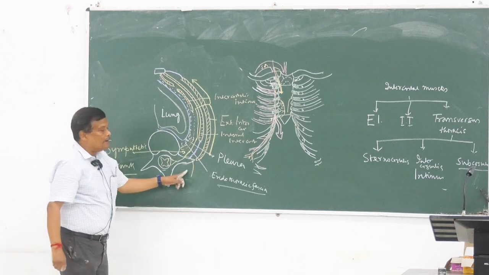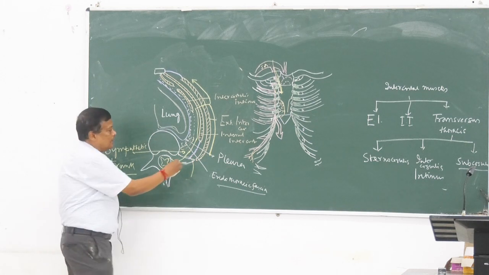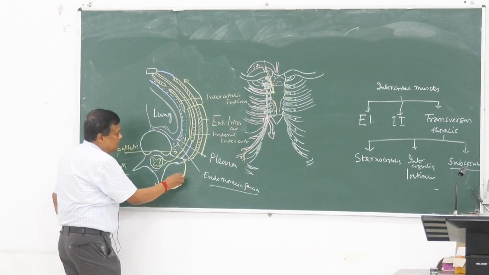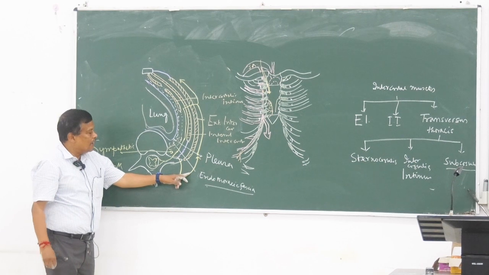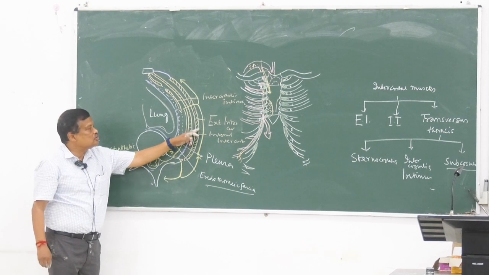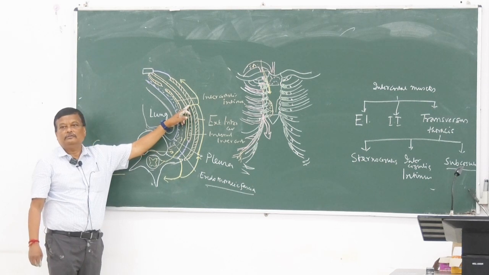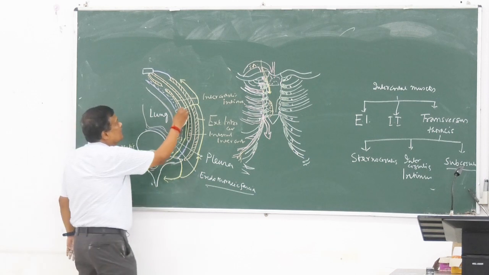The dorsal rami we mentioned, note this carefully, it also divides into a medial and a lateral branch. So the lateral branch of the dorsal rami anastomoses with the posterior branch of the lateral cutaneous branch. See what a nice chain is formed.